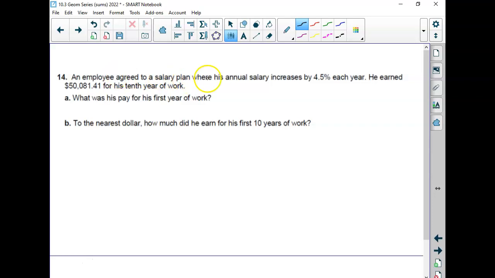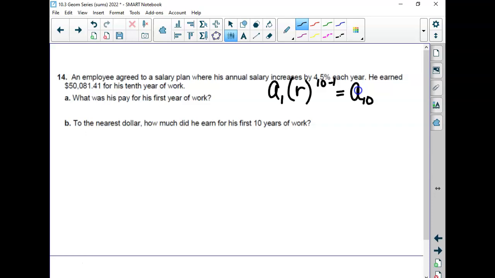An employee agreed to a salary plan where his annual salary increases by 4.5% each year. He earned $50,000 for his 10th year of work. What was his first year's pay? So the first year was multiplied by some R, 10 minus 1 times to get to the 10th term.